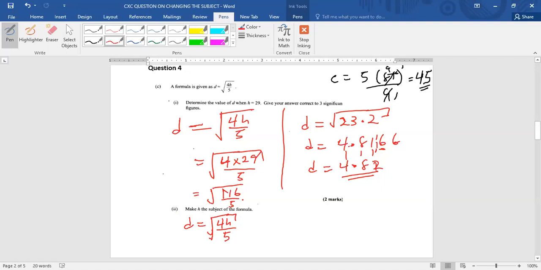What's the first thing you would get rid of? You want to make H the subject. Change the square root into square. You remove the square root. What's the opposite of square root? Square.